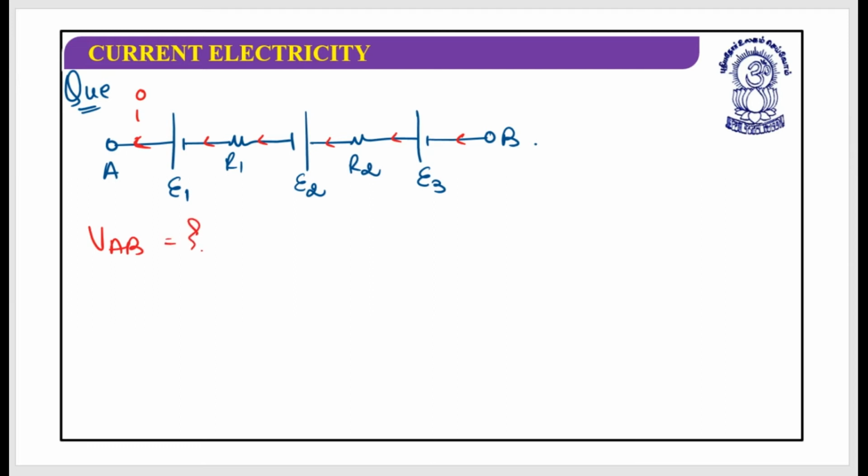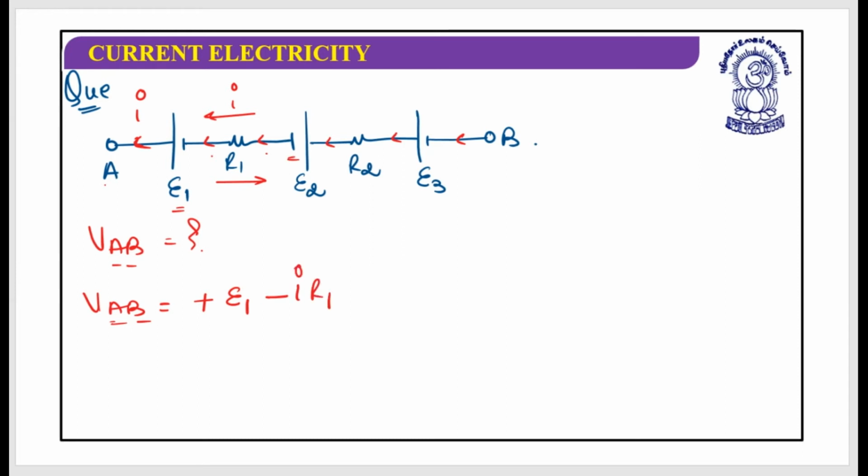So let's write it down. We are starting from A and moving towards B. First I get the positive terminal of the battery, so I write plus E1. Now I am moving in this direction, and the current is moving in this direction. We are moving in the opposite direction, so we need to take it as negative: minus I into R1.